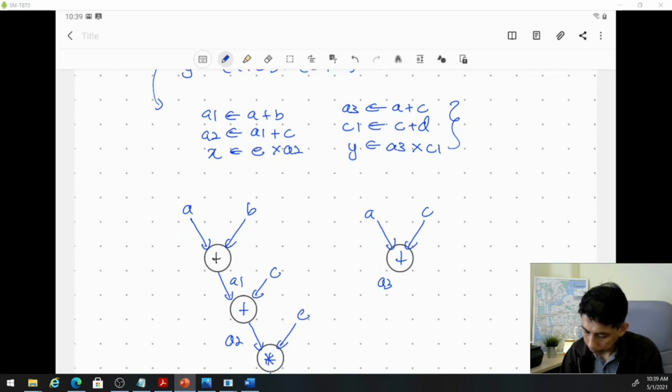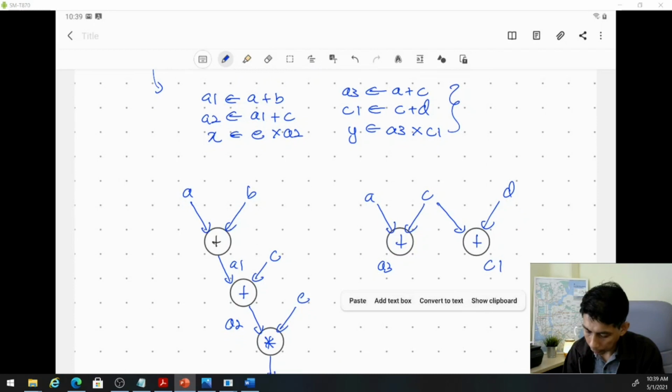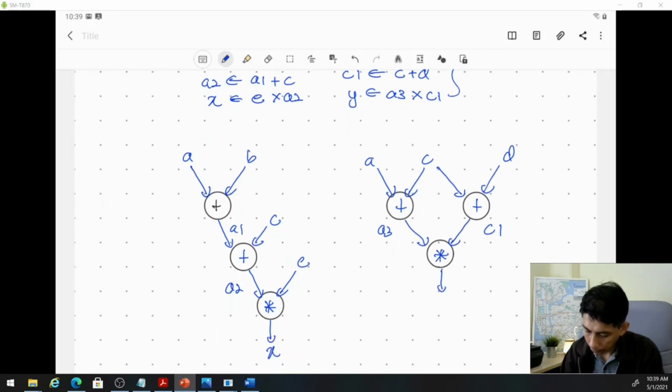And you have another one, which is c plus d, c, d, plus, and the output is c1. And the last one is this, where you have c1 and a3, you multiply, and you have y as the output. So this will be the DFG for y, and this is for x.